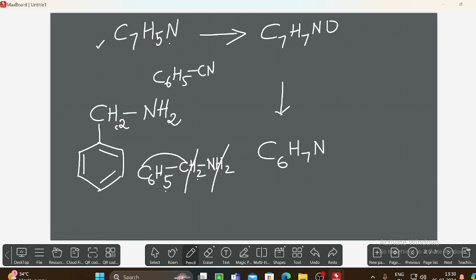Now C7H7NO. The reactant has some pattern, and only the same pattern will form in the product. There is no doubt.